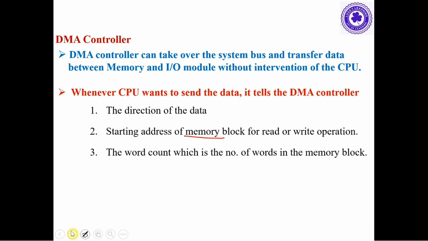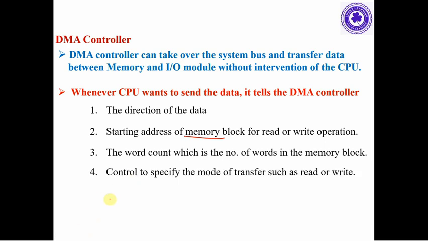It also has to tell the word count, which is the number of words in the memory block to be read. It also specifies the mode of transfer, such as read operation or write operation, and a control to start the DMA transfer.